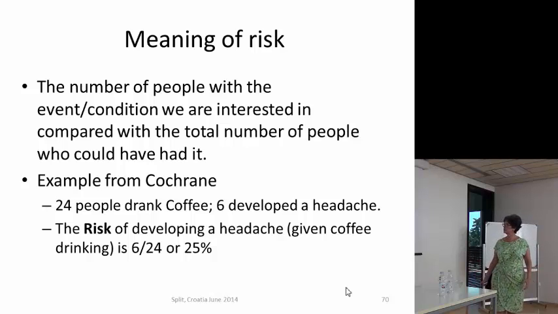Or in this example, 24 people drank coffee, 6 developed a headache. So the risk of developing a headache, given coffee drinking, okay, that's an important condition here, so it's not the risk of food poisoning in the general population or the risk of headache in the general population, but given the treatment of tuna sandwich or coffee, and I'm using the word treatment loosely, would be 6 out of 24 people or 25%. So the risk is the number of people who got it versus the total number who could have had it.